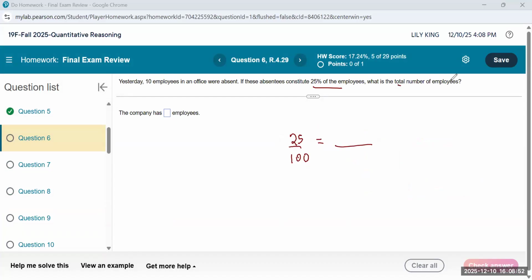The question wants us to find the total number of employees, so our whole is unknown. We know the part, which is the number of employees that were absent. To find X, we apply the cross product. 100 times 10 divided by 25 gives you the total number of employees. This is 40.